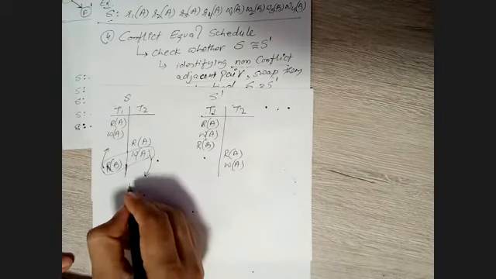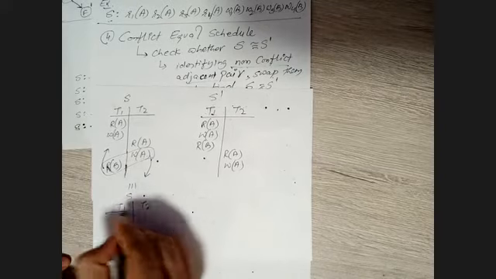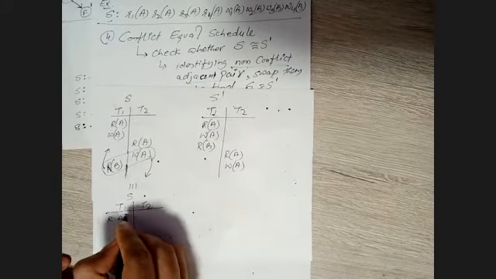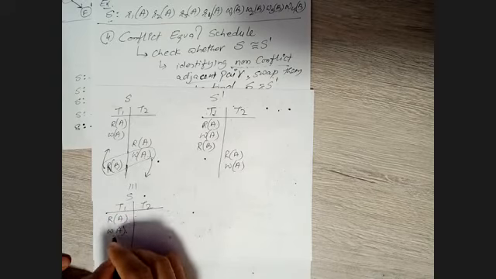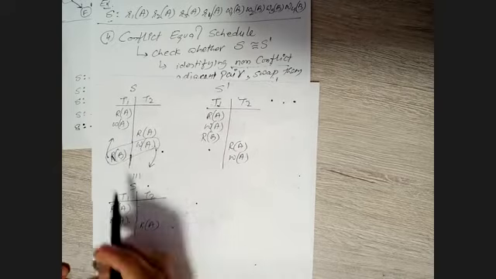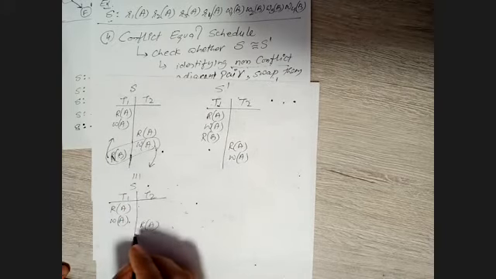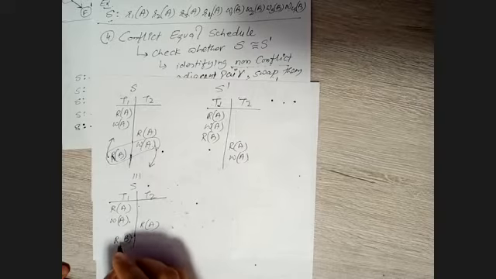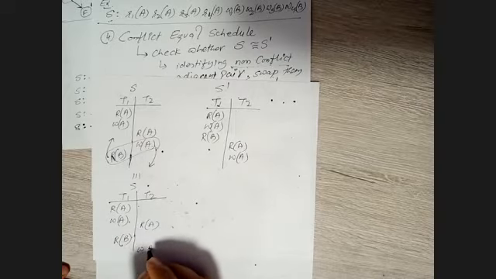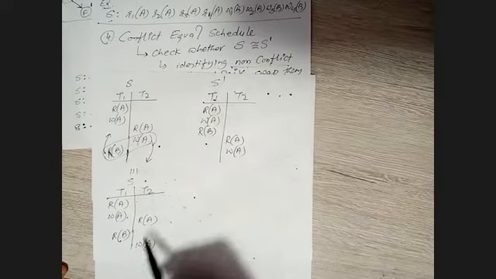So what we will get with T1 and T2: these as it is, RA as it is. Now this RB will move up and WA will move down. So first RB will have read of B and then write of A. Now check again. Is this equivalent to this?